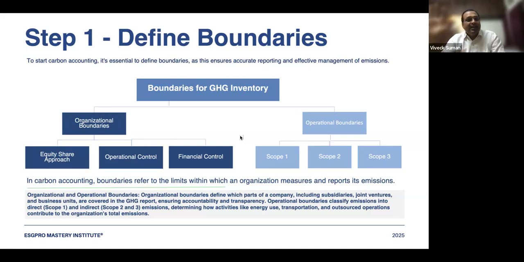Correct? Anybody has a confusion here? Because otherwise you will not understand the difference between equity and financial. Is there any confusion? Franchisee is the very good example of that scenario where equity approach will fail, financial control and operational control will succeed. Do I have operational control on that franchisee?